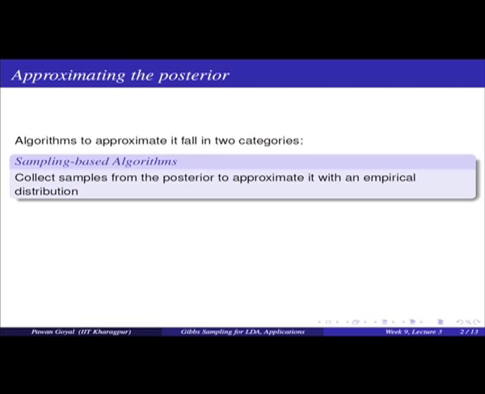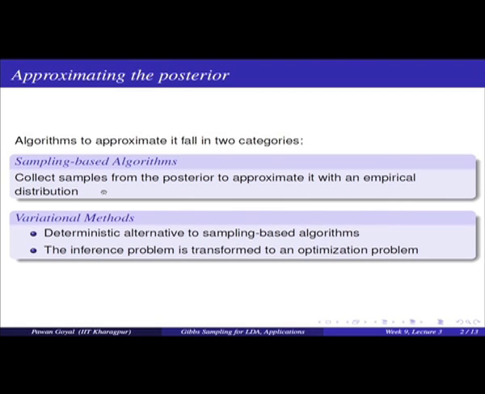So for approximating the posterior probabilities of all these parameters, the algorithms generally fall in two categories. One are sampling based algorithms, where from the posterior you try to collect samples of the distributions and then approximate it with the empirical distribution, and that is what we will focus on in Gibbs sampling.